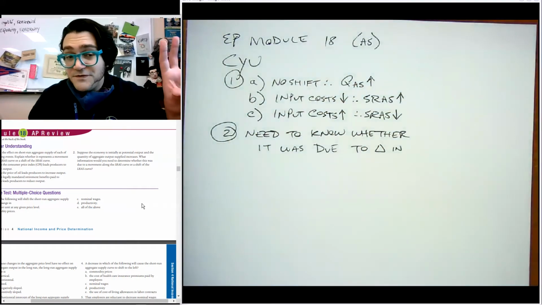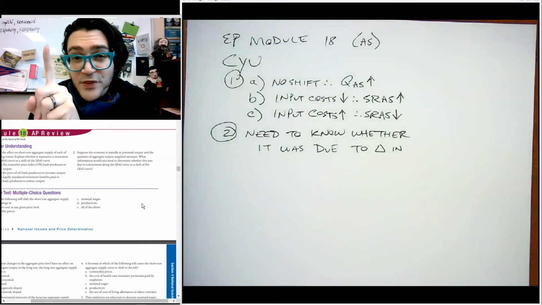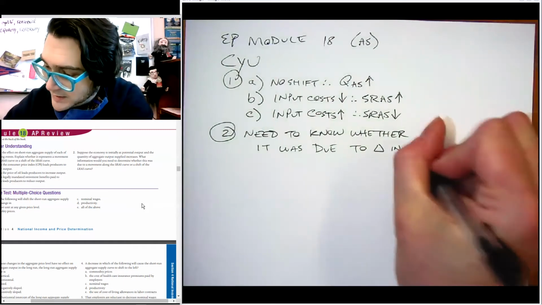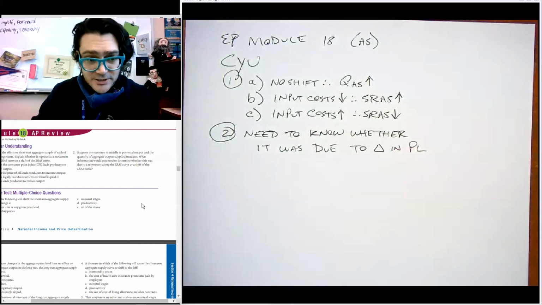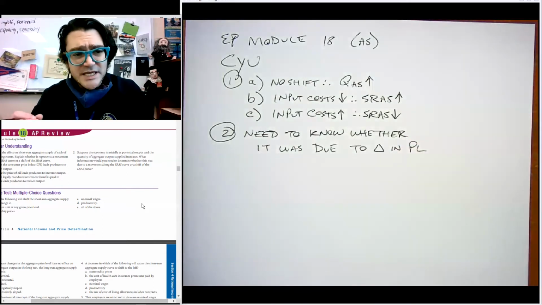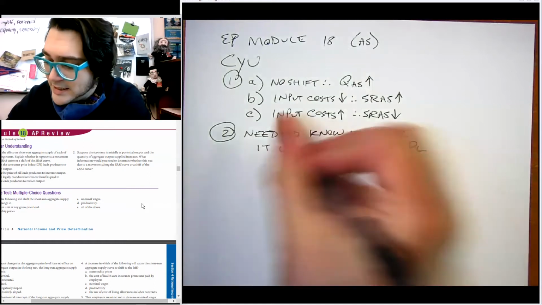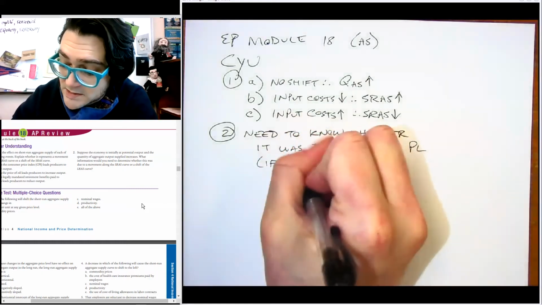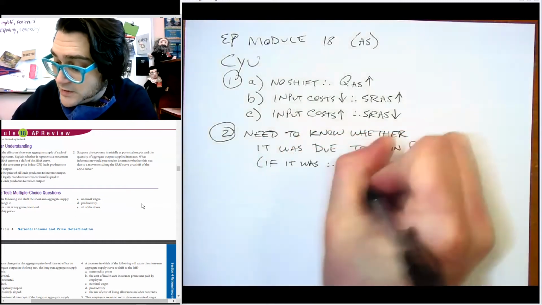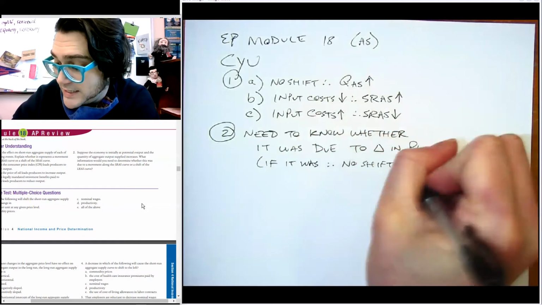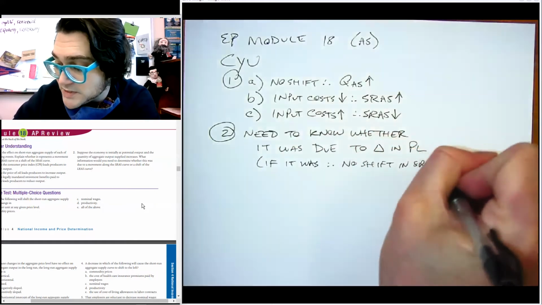There's a whole bunch of shifters, and there's one thing that causes a slide along the curve: price levels. So if we knew it was a price level change that caused it, then we would know it was just a slide along the curve, a movement along. Therefore, no shift in SRAS, because we know price levels don't shift the curve.